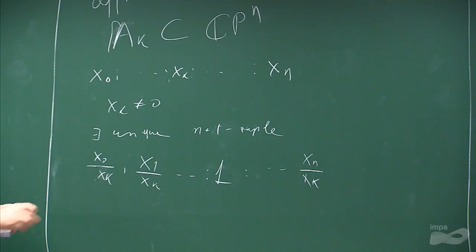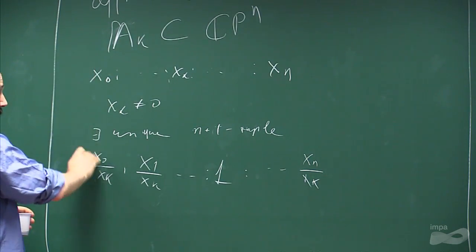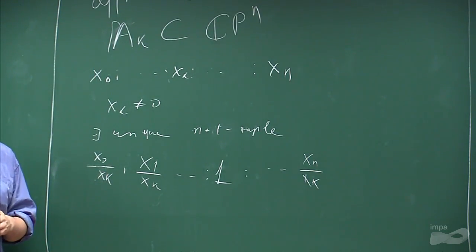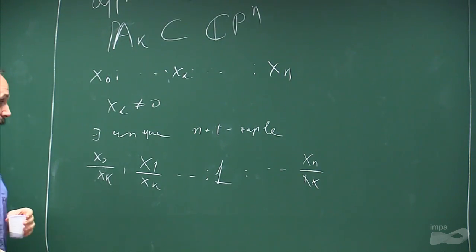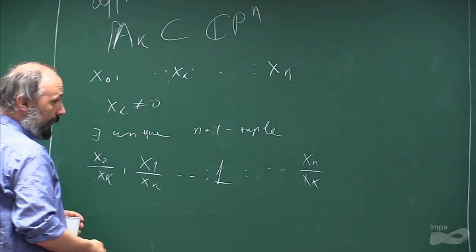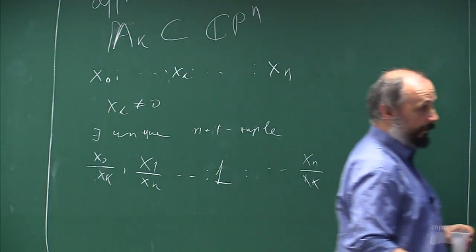Clearly, this is a one-to-one correspondence between this set and this. So this gives you an affine coordinate system on this set.